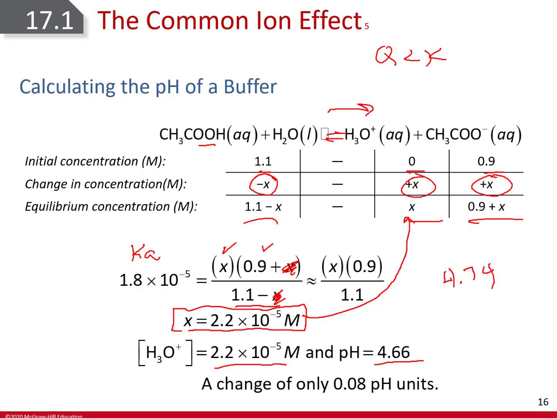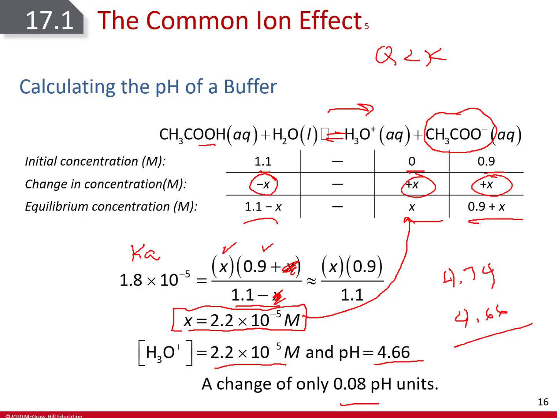With the addition of hydrochloric acid that reacted with this conjugate base, the pH comes out to be 4.66. So that's not much of a change, 0.08 pH units. That's what a buffer does. It can absorb both acid or base, and the pH will not change appreciably.